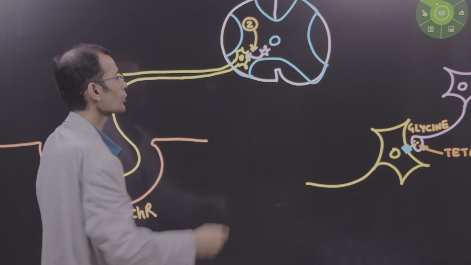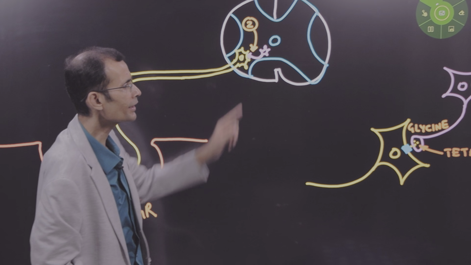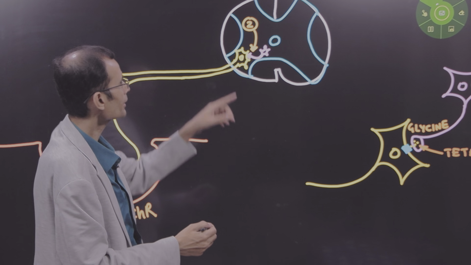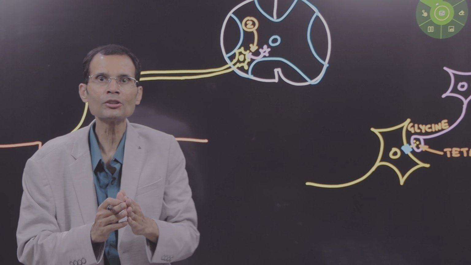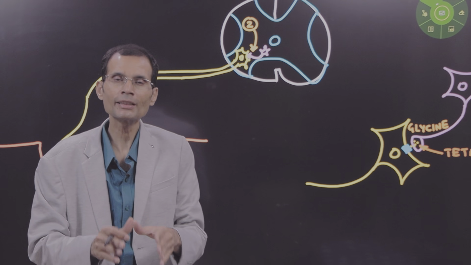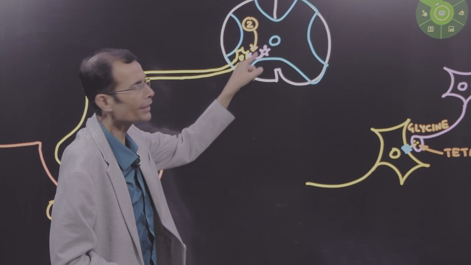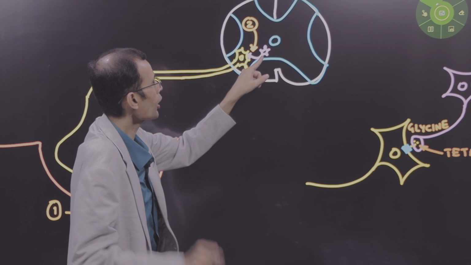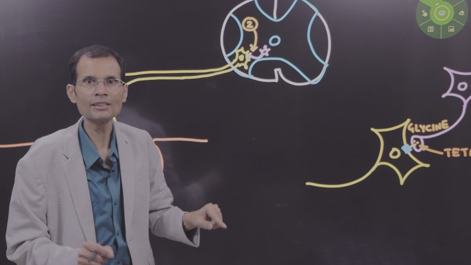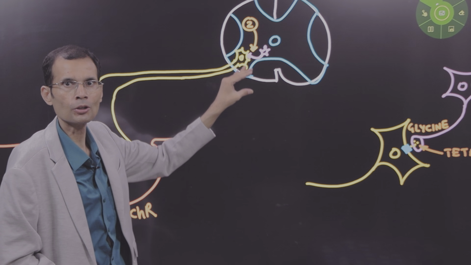It reaches the spinal cord, and then finally what it does is that it prevents the release of neurotransmitter. Mostly it is glycine in the spinal cord. So this inhibitory interneuron will not be able to release glycine on the anterior motor neuron.